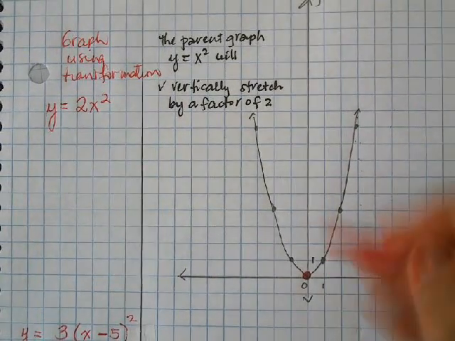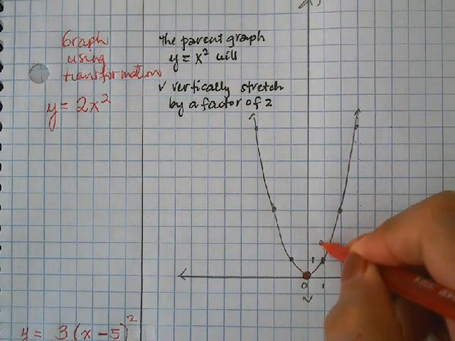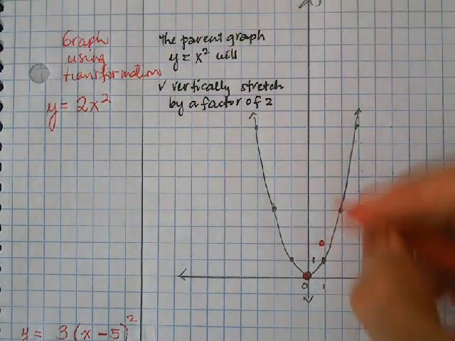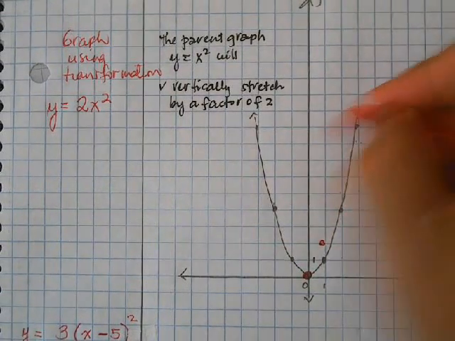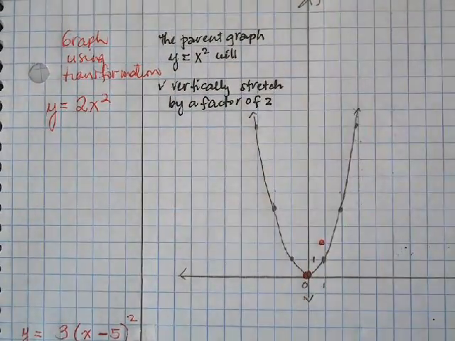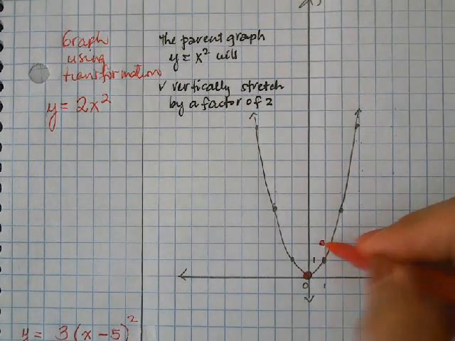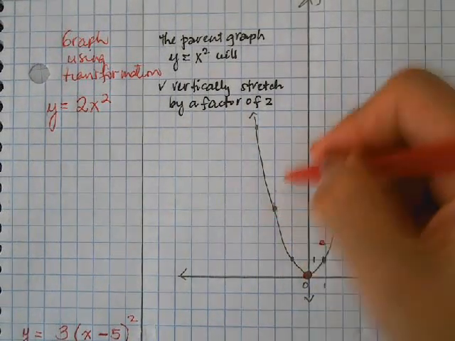So 1 times 2 is 2. It will be here. Now you're not going to move all of these 1 above, not like that. That's translation. Every point will move a different number of units. It's not 1 up, 1 up, 1 up.